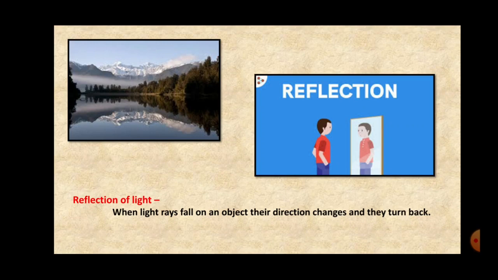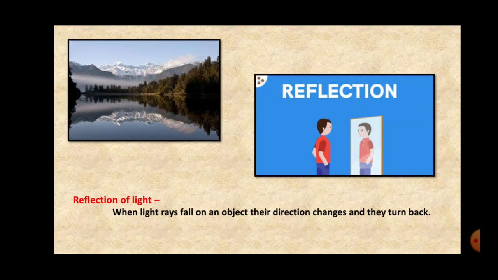Now in the second picture, you can see that the boy is standing in front of the mirror and he is able to see the image of himself in the mirror because the light rays are falling on the mirror and then they are reaching his eyes, and thus because of the reflection of light, the boy is able to see the image.